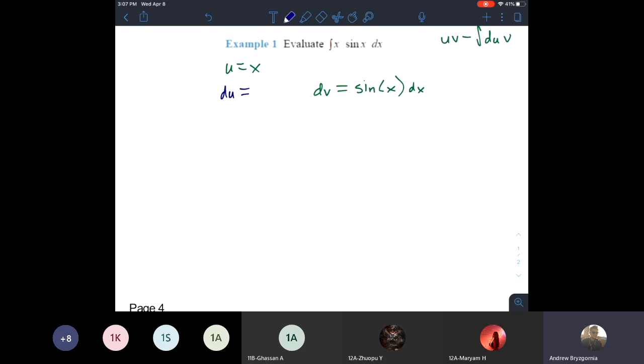Since du is the derivative of u, we want the function for u to be something whose derivative is easy to find, but also we want to avoid it having an infinite number of derivatives in case we have to do this multiple times.